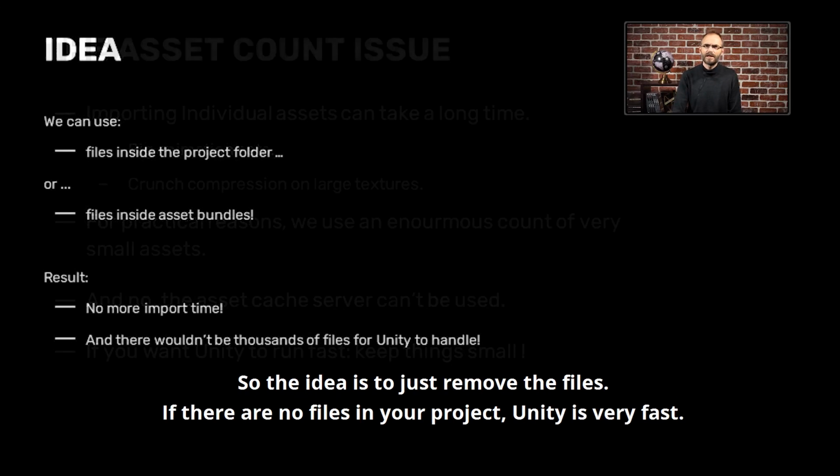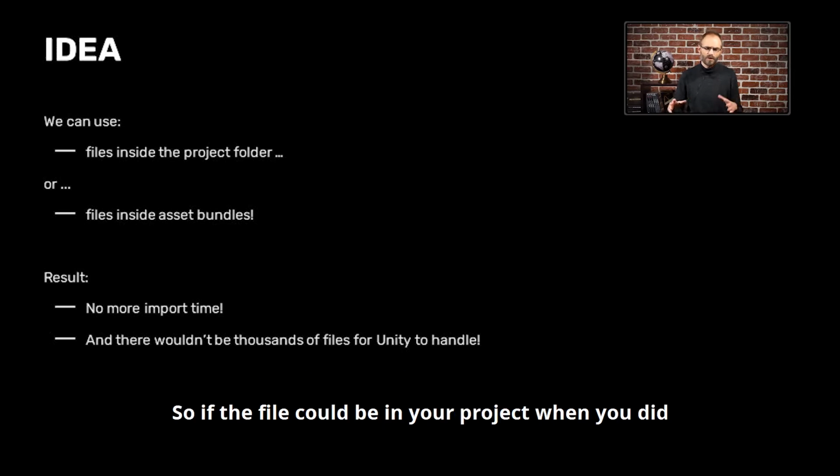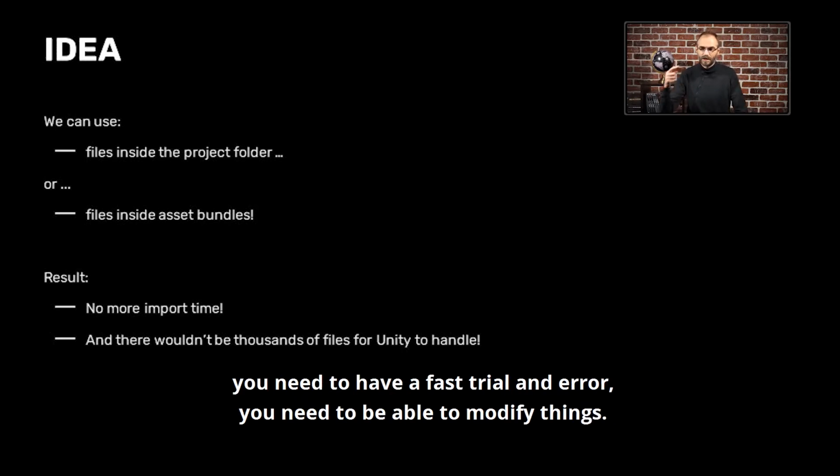So the idea is to just remove the files. If there is no file in your project, Unity is very fast. So if the file could be in your project only when you need it, for example, if you are an artist, you need to integrate your texture, you need to check them, you need to have a fast trial and error, you need to be able to modify things.